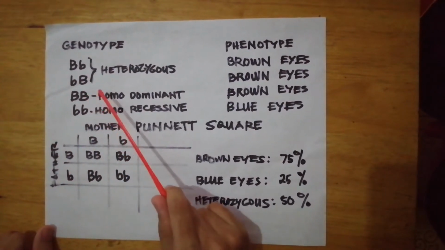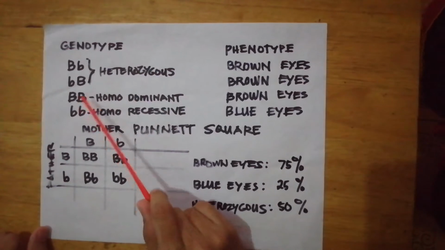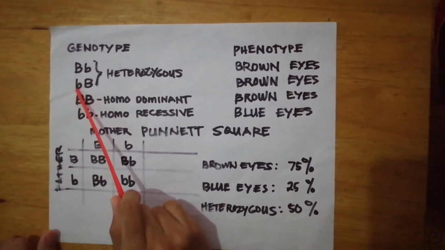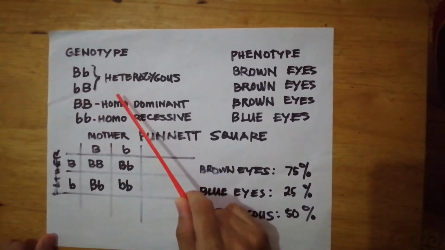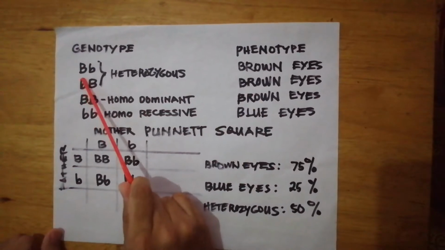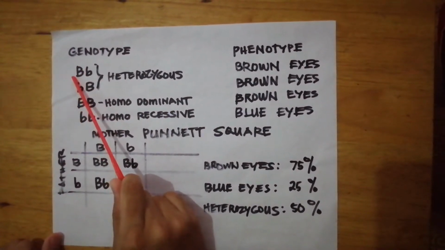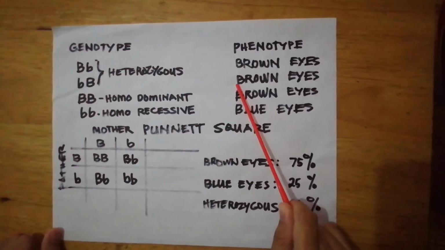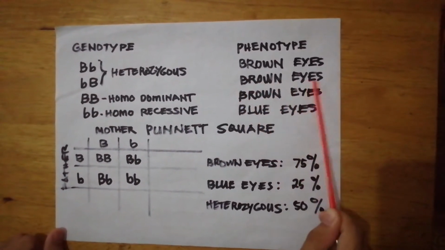And here we have an example of heterozygous because it has two different alleles, dominant and recessive. It will code for brown eyes because it has the dominant. Here we have the dominant allele, it will code for brown eyes.